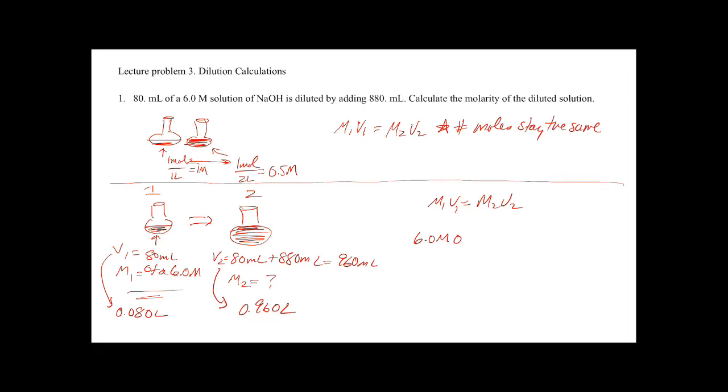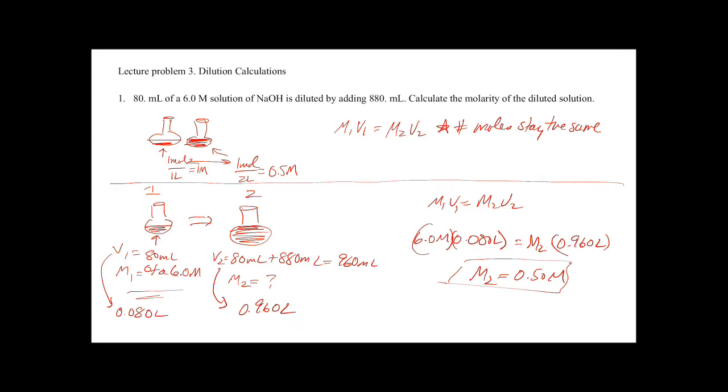So we have 0.080 liters over here. This is going to equal M2, which is what we're trying to solve for, times 0.960 liters over there. So now if we solve for M2 in this case, let me just look at my work in the problem, it should be 0.50 molar. So that's if you take the 6 times 0.080 and then divide it by 0.960. So M2 in this case is going to be 0.50 molar.